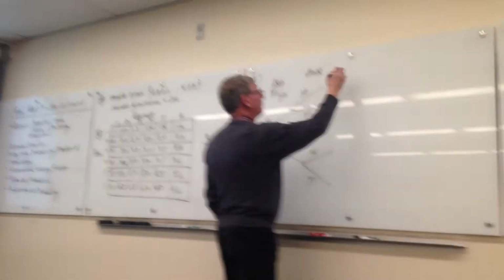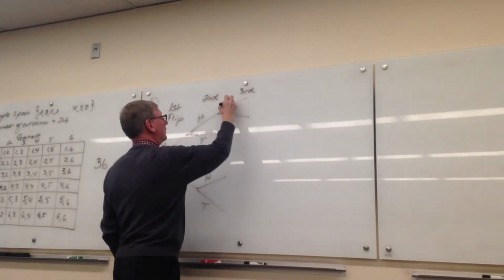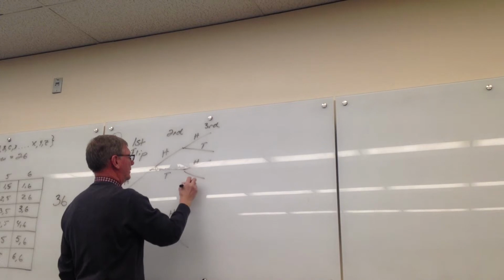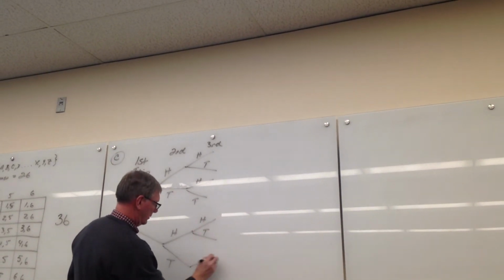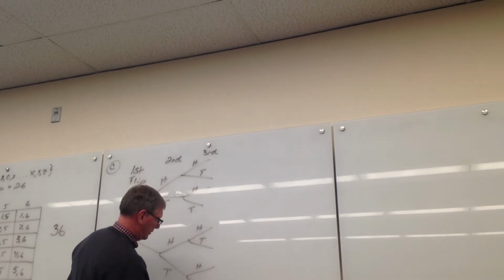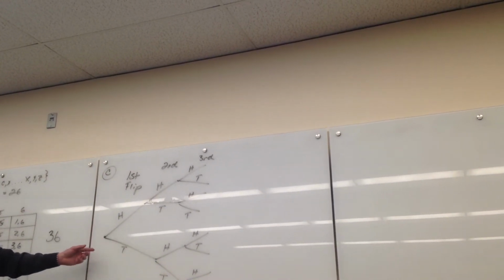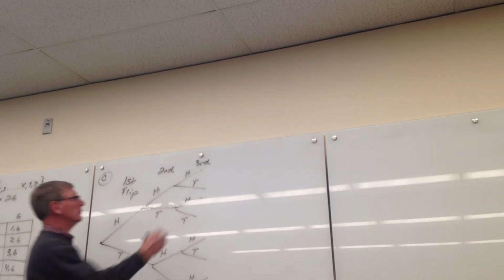And then I got a third flip. And what can happen? 2 things, right? Now, the path that Garrett wrote out, if I follow this top path, first flip was head, head, head. So this yields what?